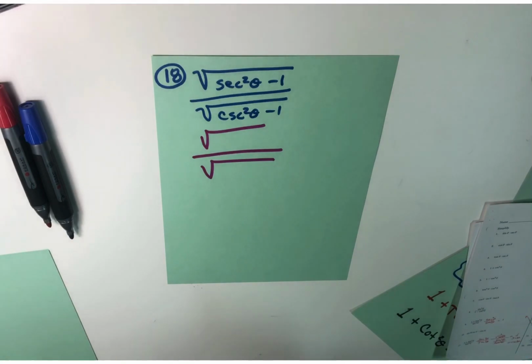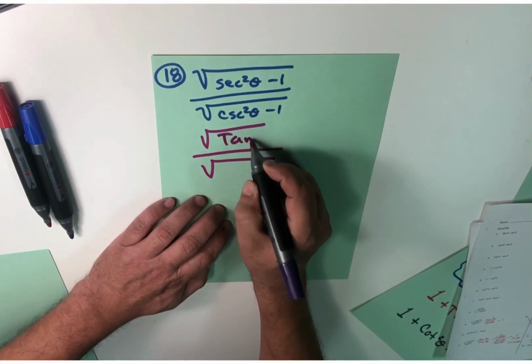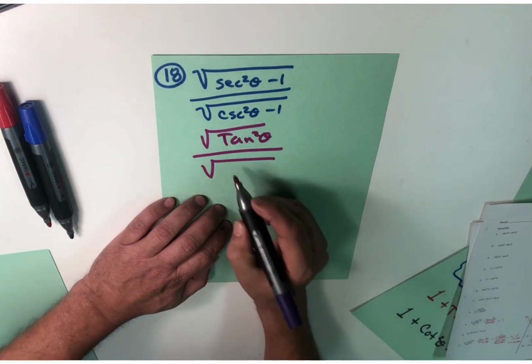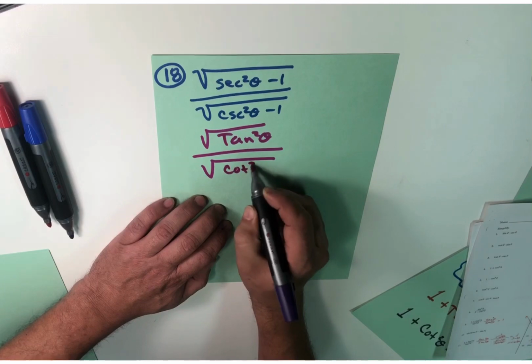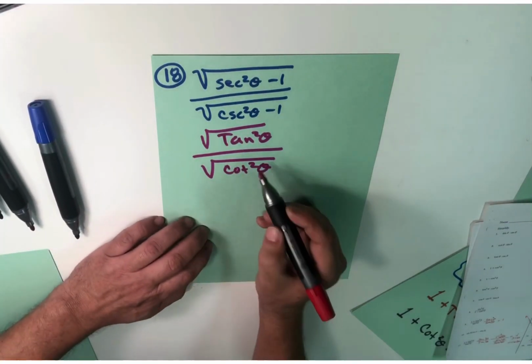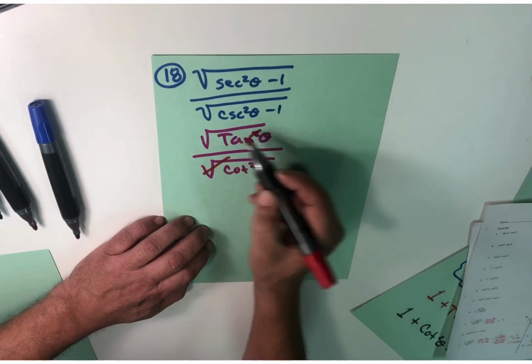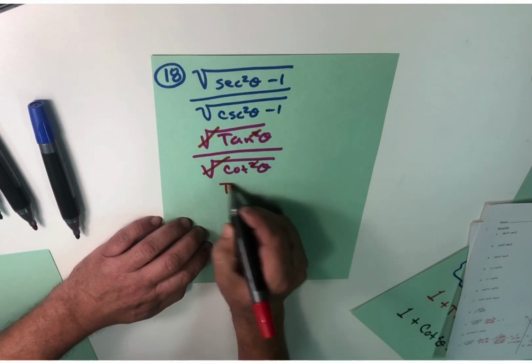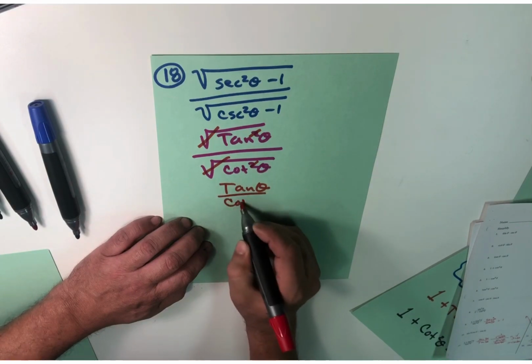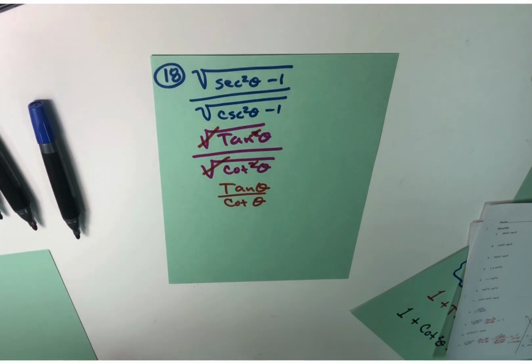You see, secant square theta minus 1 turns into tangent square theta. And what does cosecant square theta minus 1 turn into? It turns into cotangent square theta. So now there's no longer any marriage. The square and the square root cancel, the square and the square root cancel, and you are left with the tangent of theta all over the cotangent of theta.